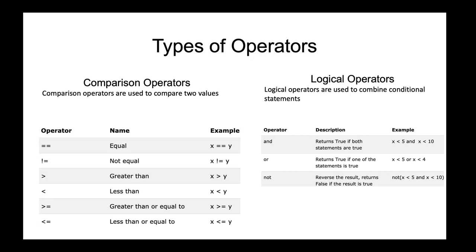In the first case, X is less than 5 and it's also less than 10, so we're looking for a value between 5 and 10. In the second case, it's the OR operator, which checks whether X is less than 5 or less than 4. So it's just combining the two conditional statements.